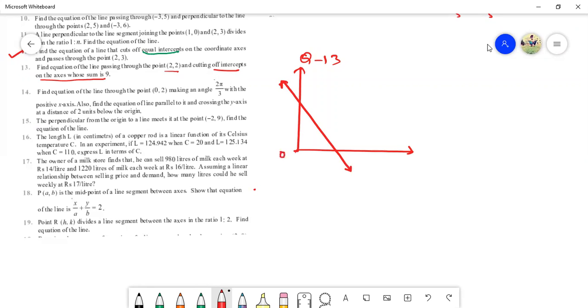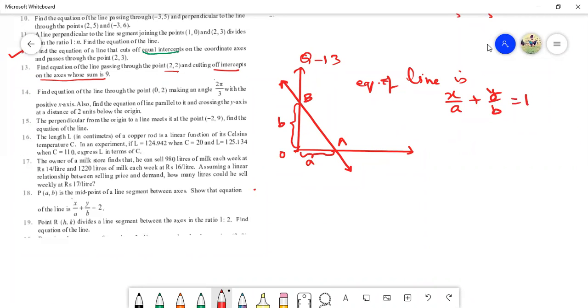This is the origin, this point is A, this point is B, intercept on x-axis is A, intercept on y-axis is supposed to be B. And the equation of line will be x upon A plus y upon B is equal to 1. It is the intercept form.